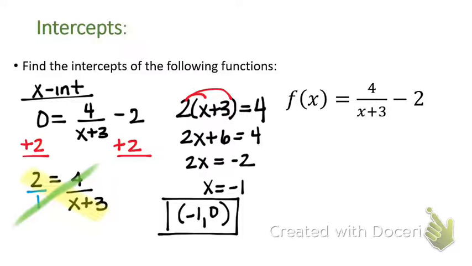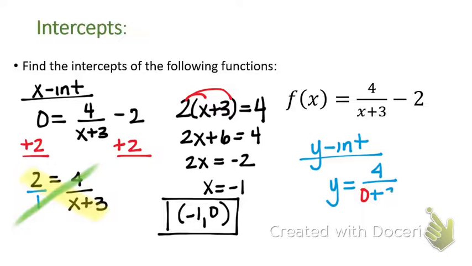For your y-intercept, you have y equals 4 divided by, and then it would be a 0, plus 3, minus 2. So that one is going to be a fraction or a decimal. Go ahead and see what you get for that.